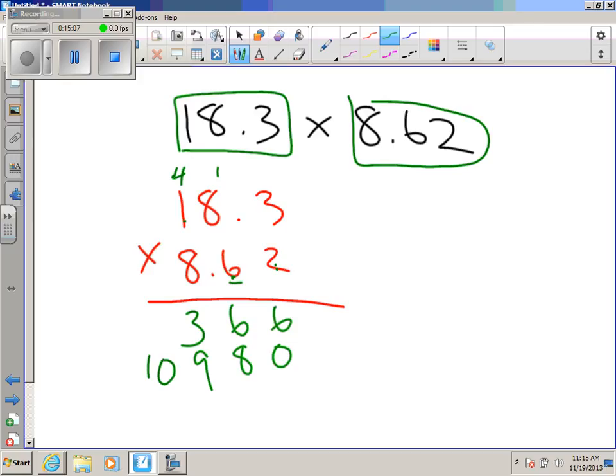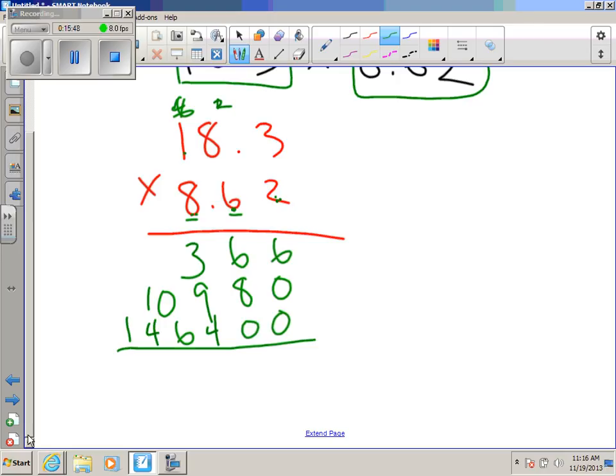Now, when I work with the 8s, I had to go over 2 places, which means 2 zeros. When I went over 2 places for my starting, I have to have 2 zeros. So now 8 times 3, 24. 8 times 8, 64, plus 2, 66. That's a 6. 1 times 8 is 8. 8 plus 6, 14.